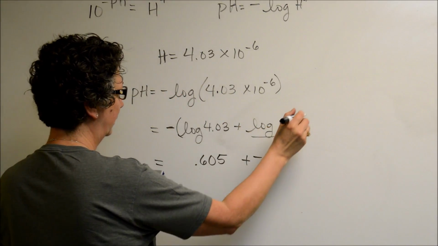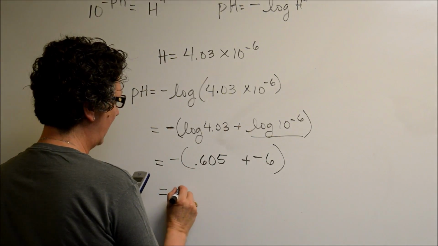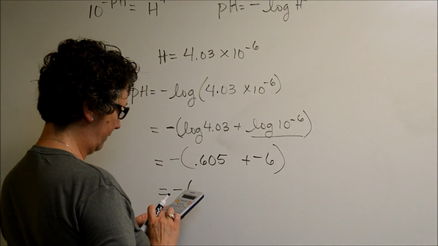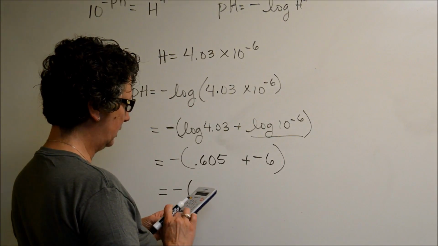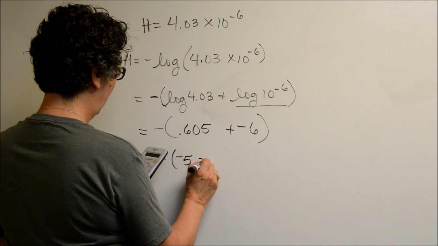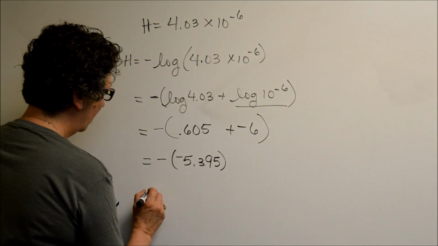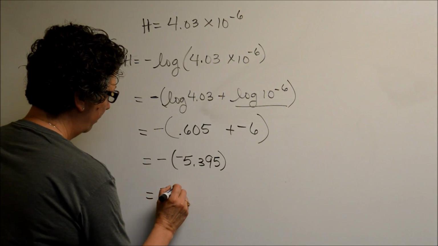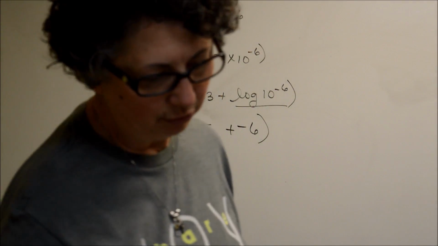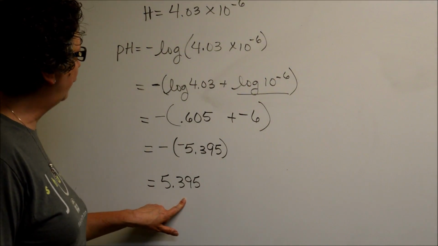Yep. Put that right there. We're going to take the opposite of that. So we're going to have negative, the opposite of minus 6. Negative 5.395. That's going to be 5.395 is the pH level. You could round it to 5.4.